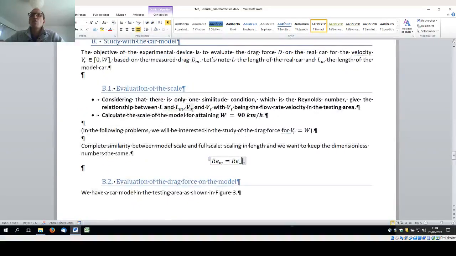What do I call V? The flow rate velocity in the testing area on the real car. Okay, we'll say the Reynolds of the real car.